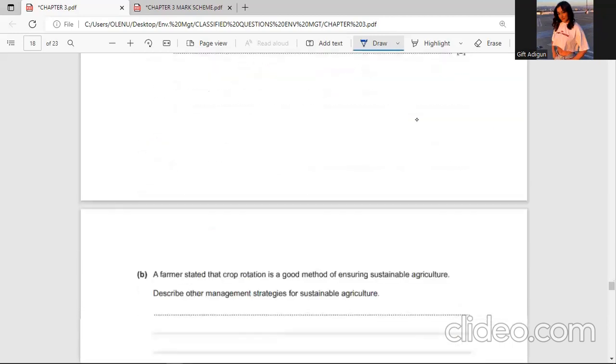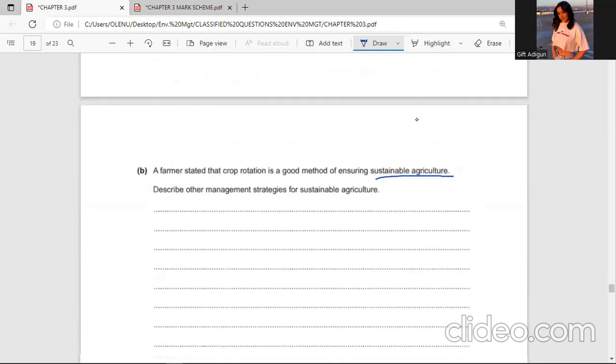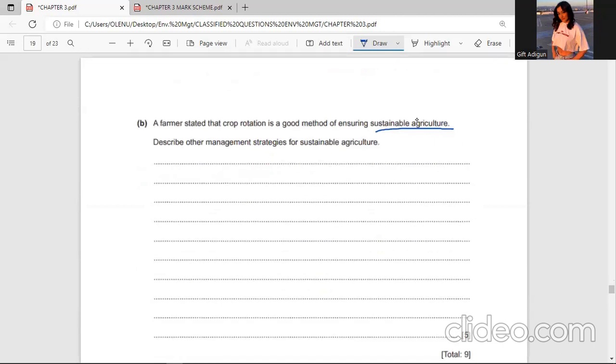Then here they said a farmer stated that crop rotation is a good method to ensure sustainable agriculture. Describe other management strategies for sustainable agriculture outside crop rotation.